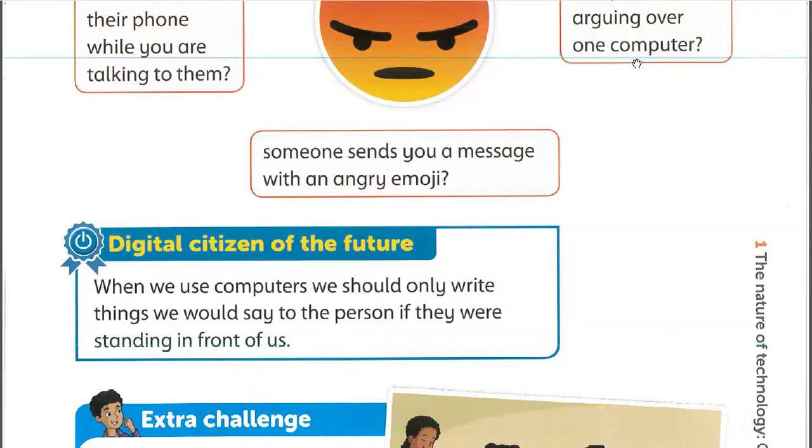Okay, digital citizen of the future. When we use computers, we should only write things we would say to the person if they were standing in front of us. It means we will communicate with them with polite words as if they are sitting next to us or around us.